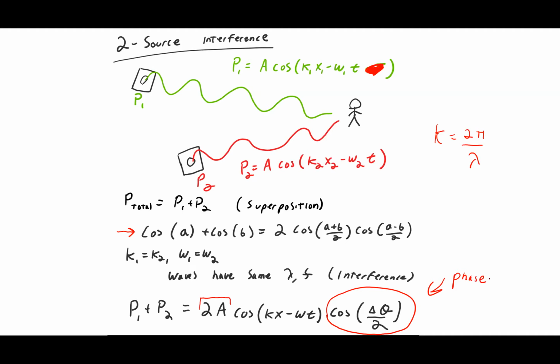So whether the two waves are in phase or out of phase determines the actual amplitude of the resulting wave. So the biggest case I could have, I have double the amplitude if my phase offset is 0. If my phase offset is pi, then I could be in a situation where I have no amplitude.